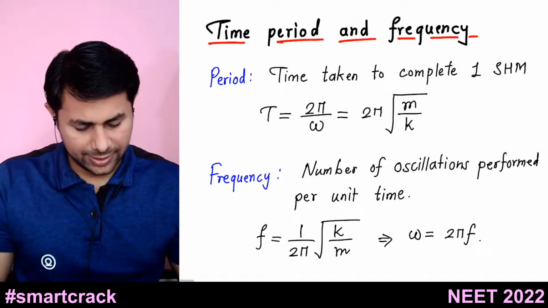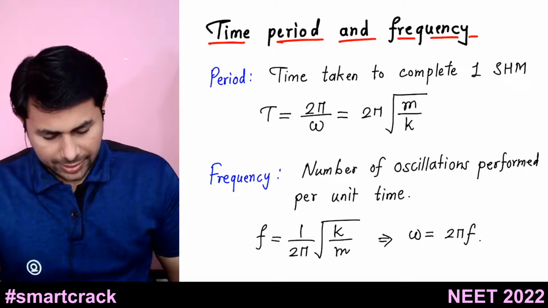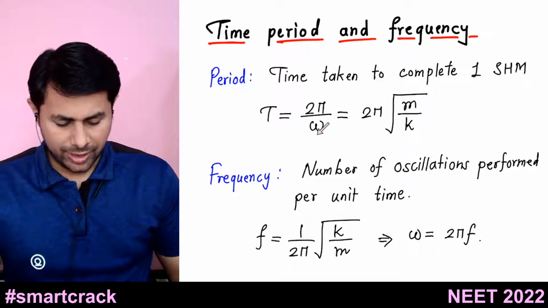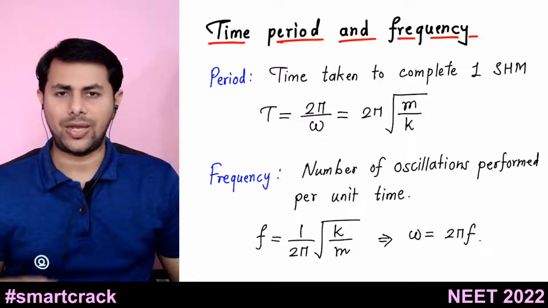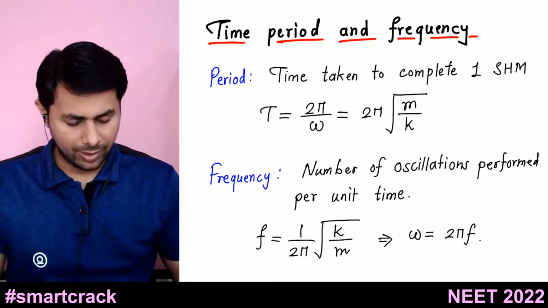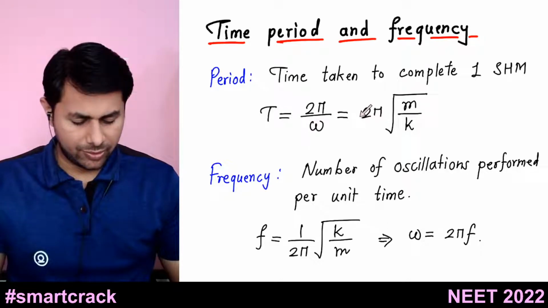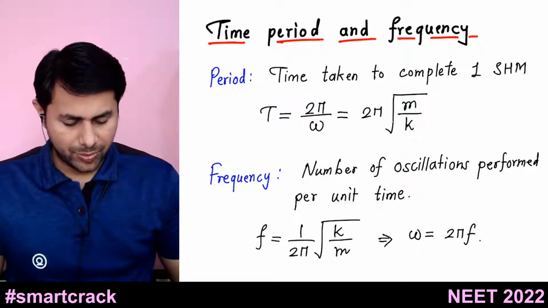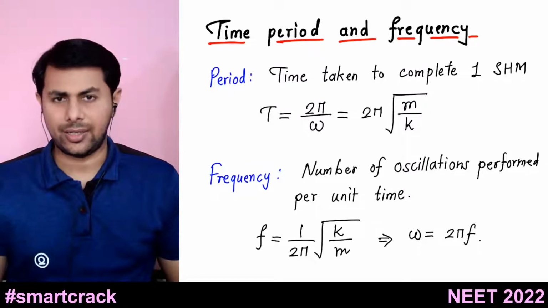That is the time period. So capital T equals 2 pi upon omega, and if you substitute the value of omega, which is square root of k by m, in the denominator, you will get time period equals 2 pi square root of m divided by k.